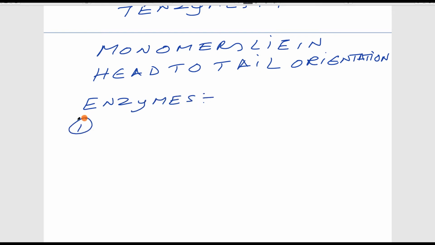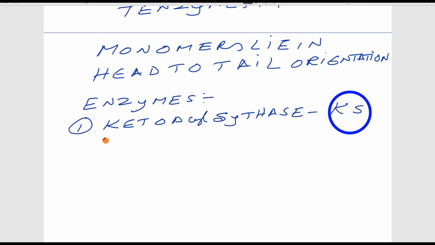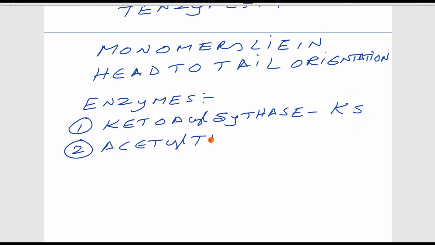The first one is keto-acyl synthase, abbreviated KS. The next one is acetyl transacylase, AT.